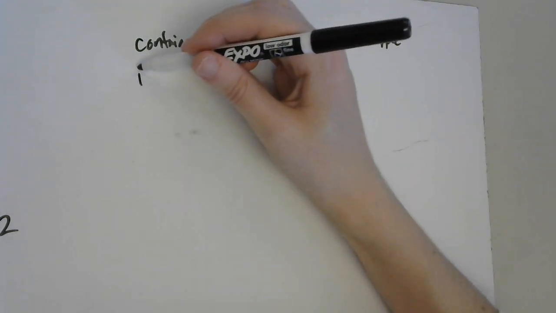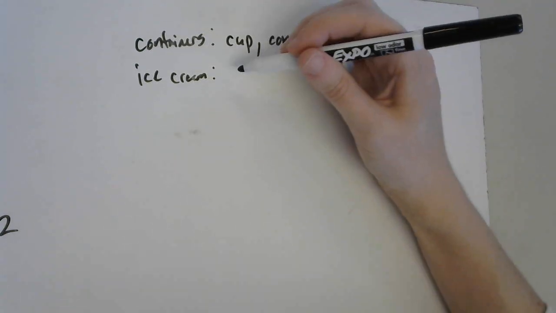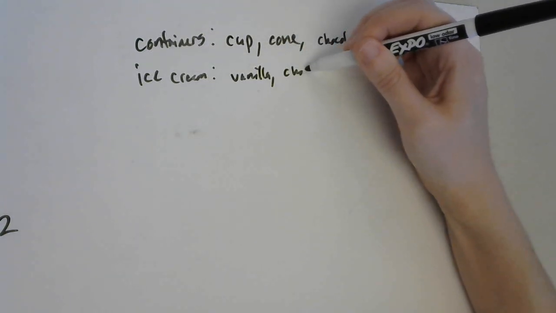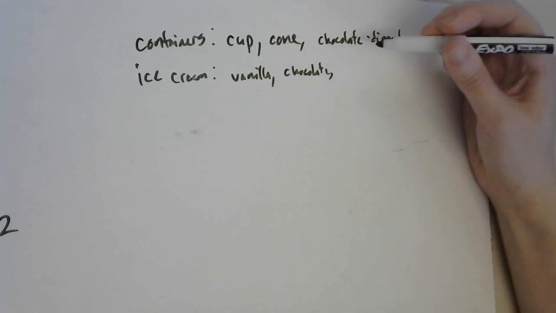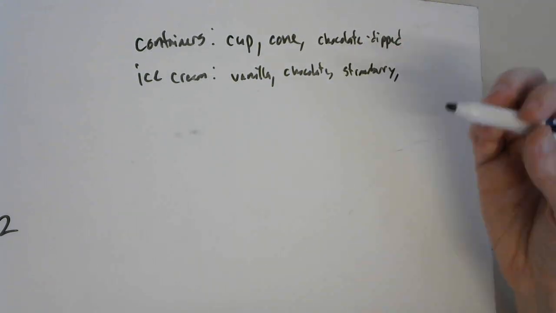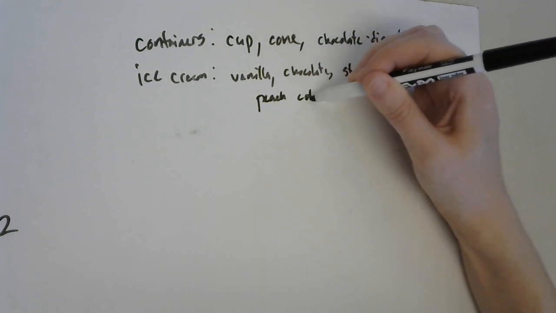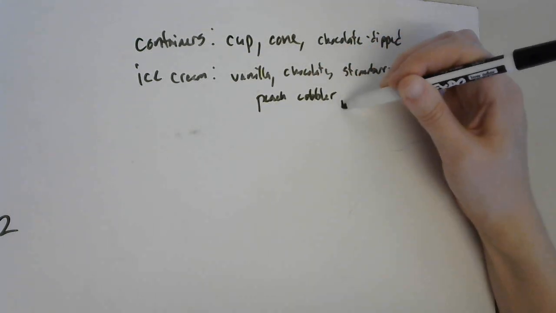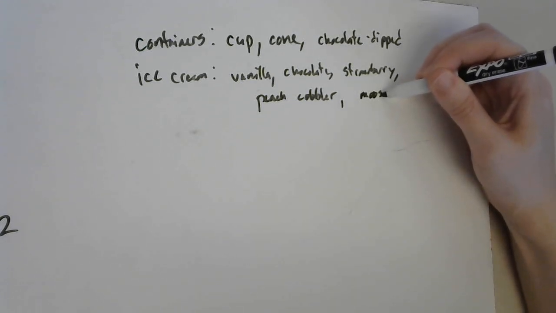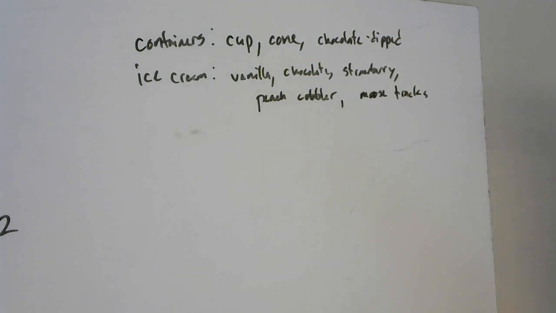We've got our ice cream itself. We can go with our standard vanilla, chocolate, strawberry, and then maybe they've got peach cobbler, and one of those moose tracks type amalgamations.